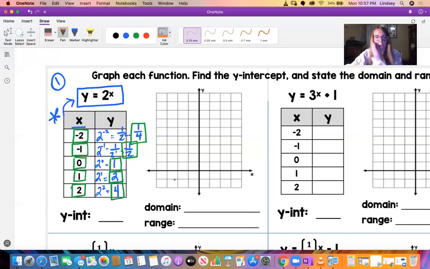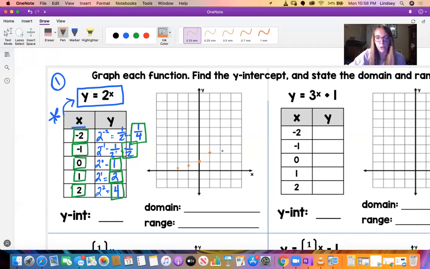So let's go ahead and graph that. And let's see if it looks anything like the graphs that we did in our notes. I bet it is. All right, so we have negative 2, 1/4. So negative 2, I'm going to say 1/4 is about right here. Negative 1 and 1/2. 0, 1. 1, 2.